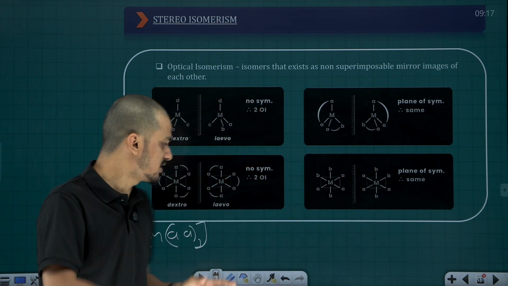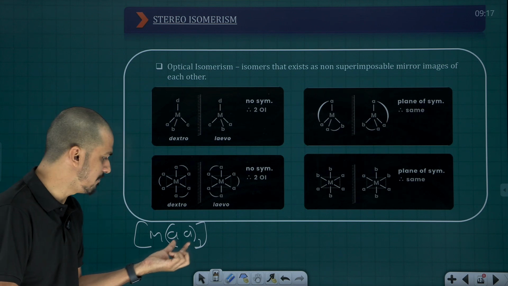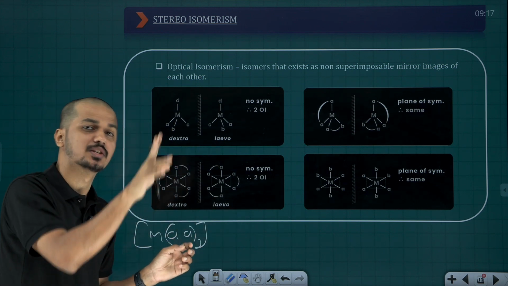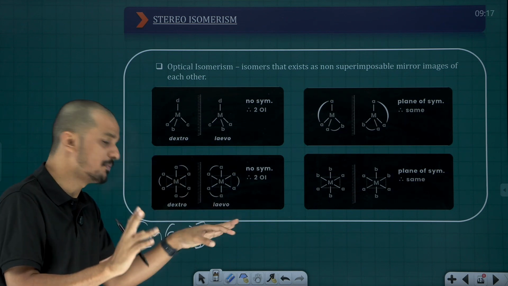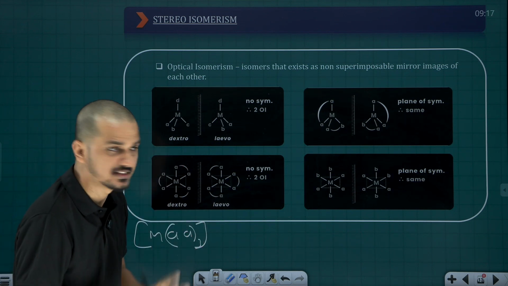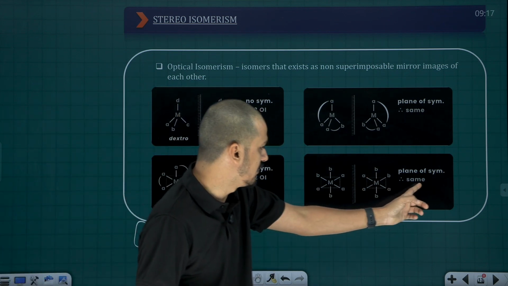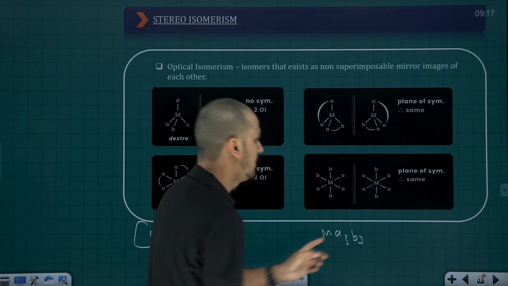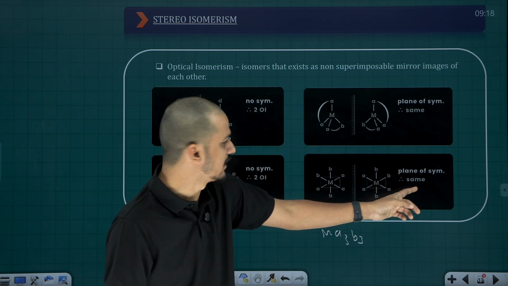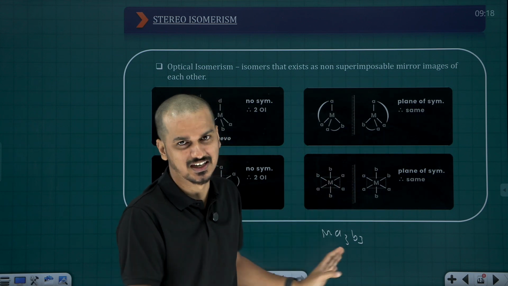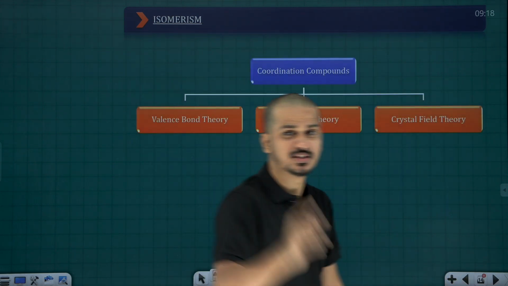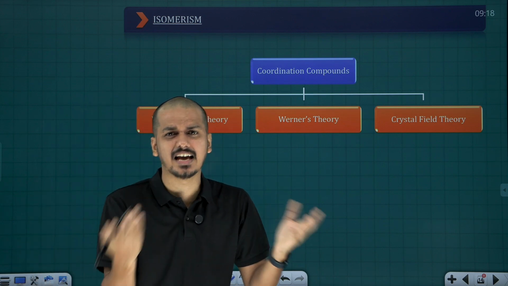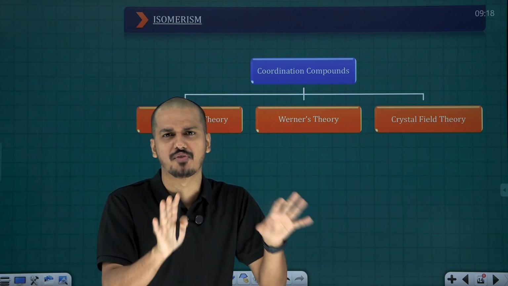Or else, check M(AA)3 and similar cases: if didentate ligands are present, then symmetry is also not there, so at that time they can also show optical activity. Like that you can remember. Here it is Ma3b3, which has a plane of symmetry, therefore optical activity is not there. That idea you have to keep in mind. So just to remember, if there are didentate ligands, there is a possibility of what?